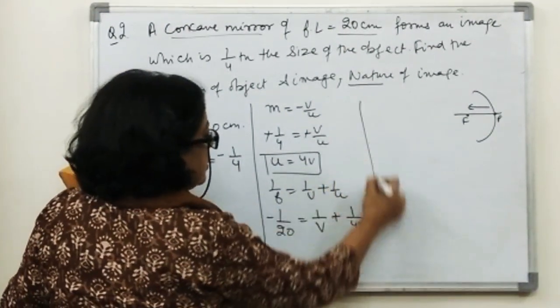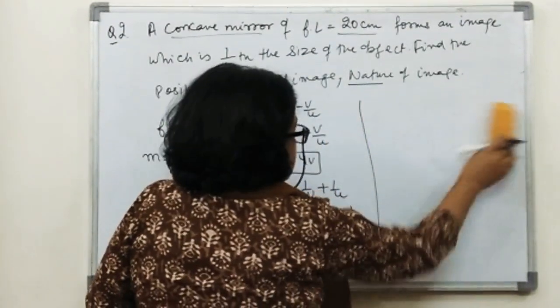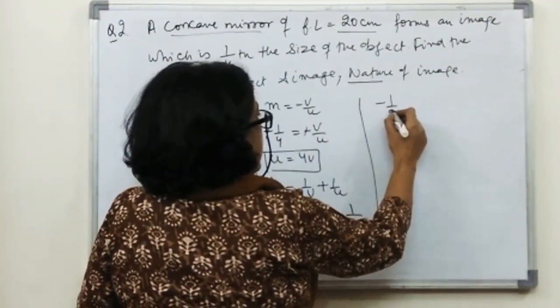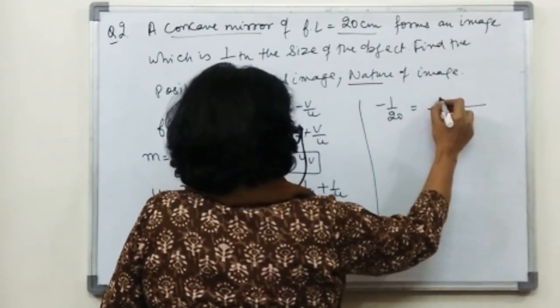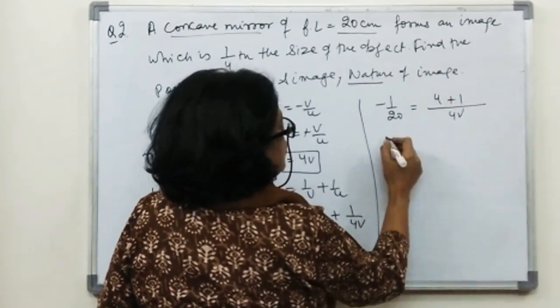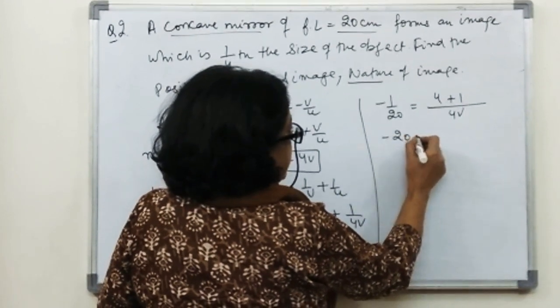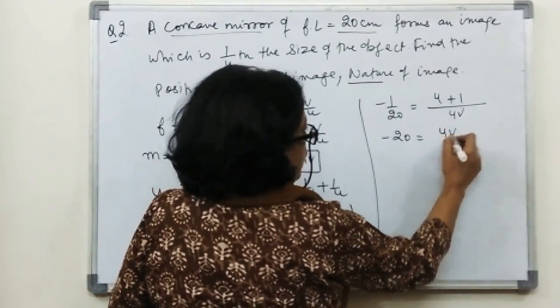So what we get is minus 1 by 20. We take the LCM, 4V, 4 plus 1, so it is 5 upon 4V.